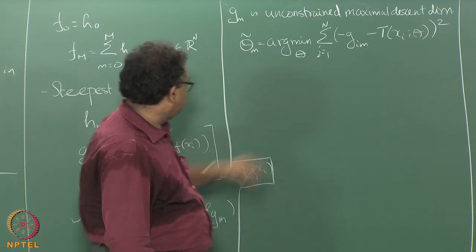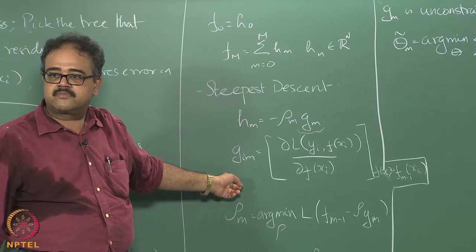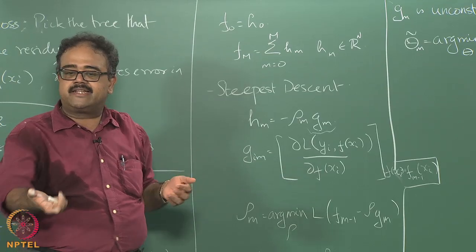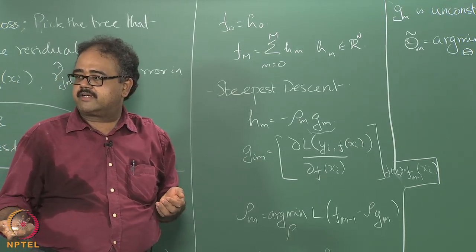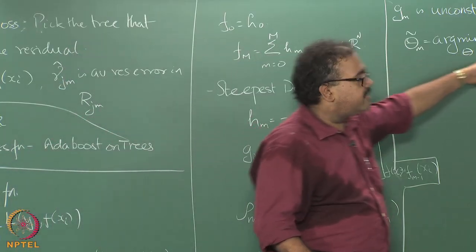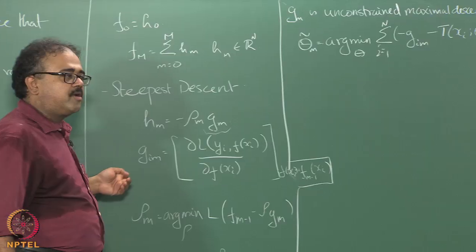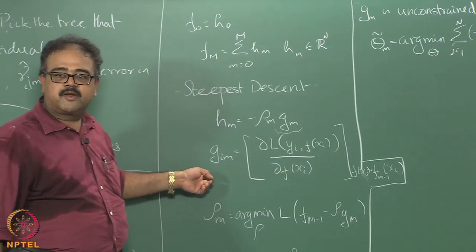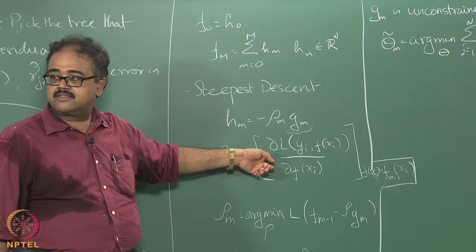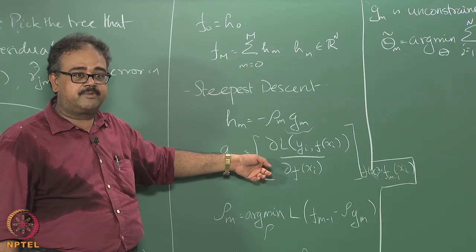right. So if you think about it, GIM is going to be some kind of a vector. All I am trying to do is predict the value of that vector component, right. So I am just doing regression regardless of whether my original problem was a classification problem or a regression problem or what not. I could use any loss function here, right. This is the crucial difference you should appreciate.